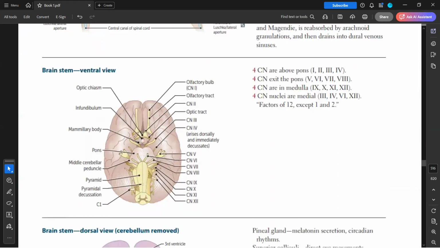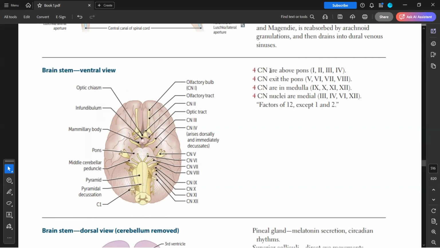Don't go into details. And now we will mention some about the brainstem. This is the ventral view of the brainstem. So what are we looking at? We have the pons right here, and here's a list of all the cranial nerves.